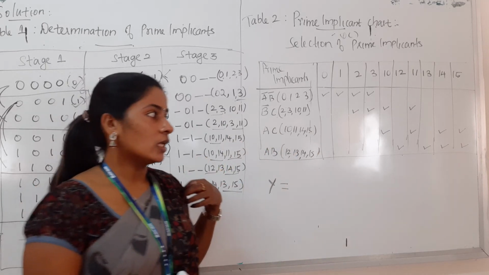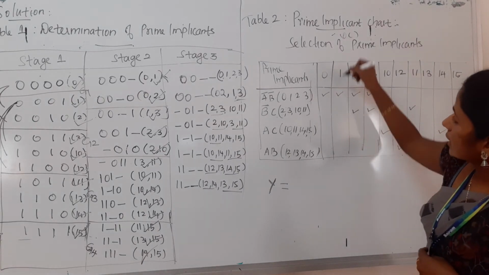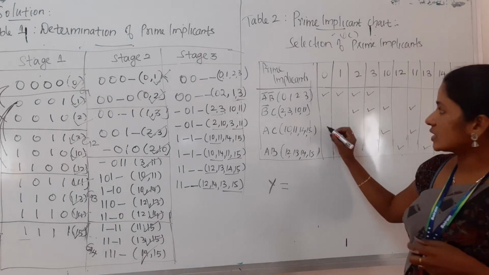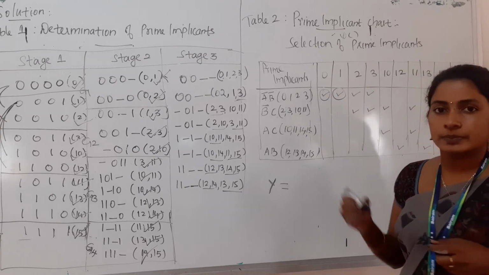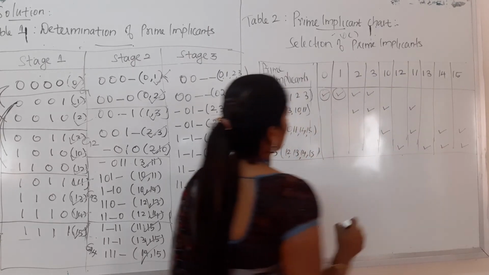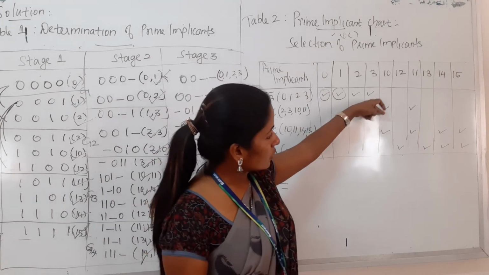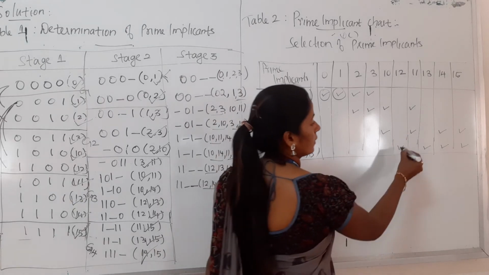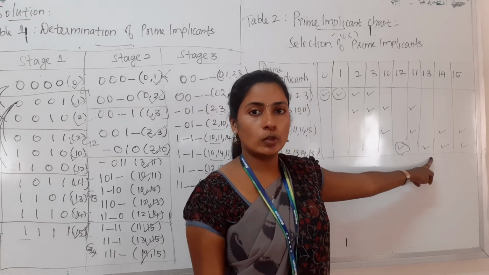For that, you check all the columns; in which column there is a single tick, you round it. So here I have single, here 2, again 2, here also 2, here again I have single tick. In the rest of the columns I have 2 ticks, so I won't take those.